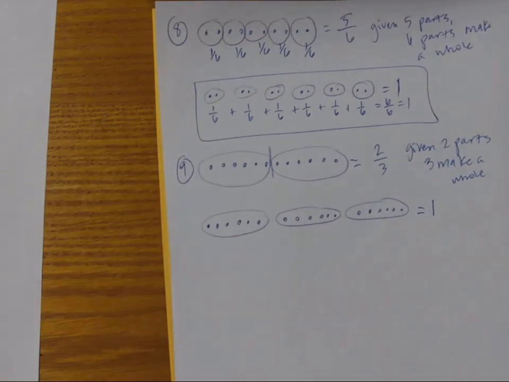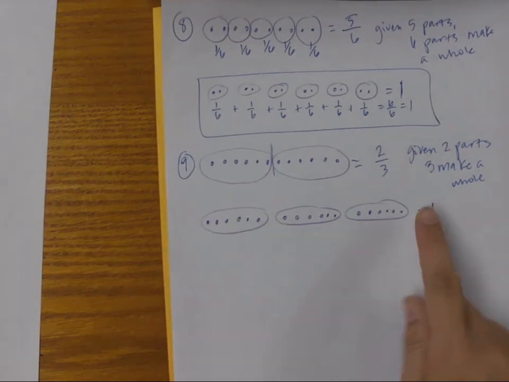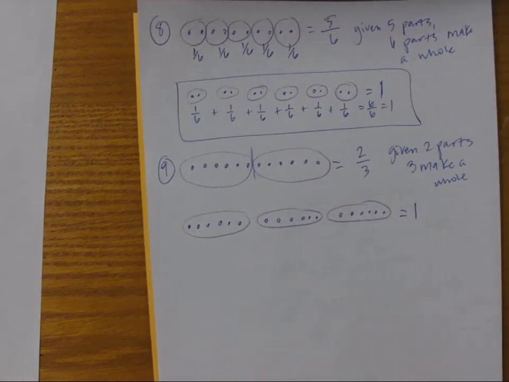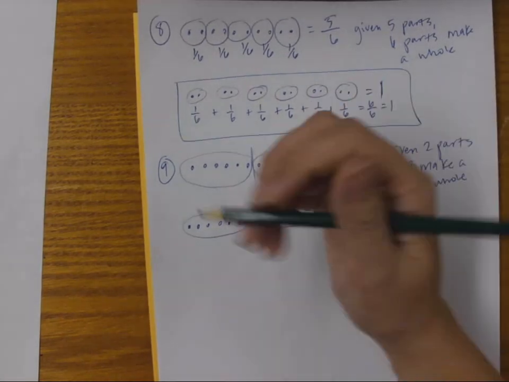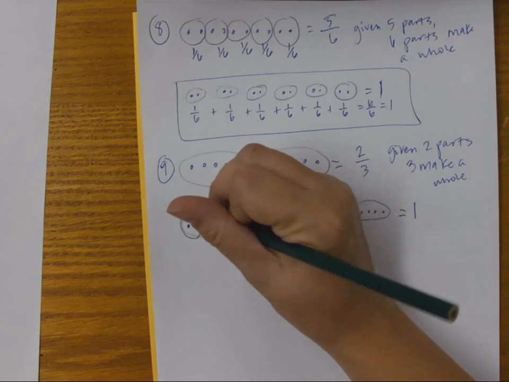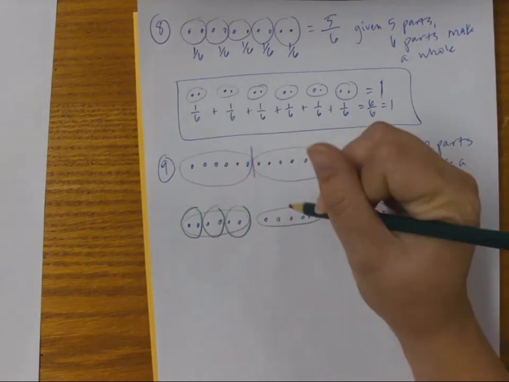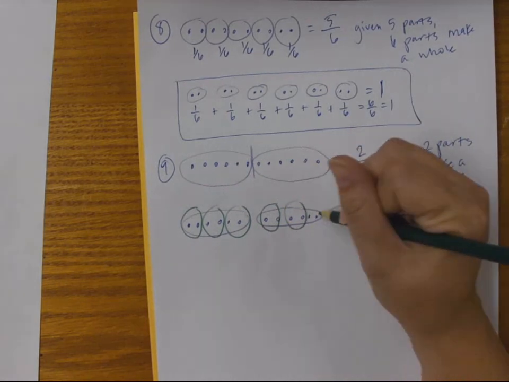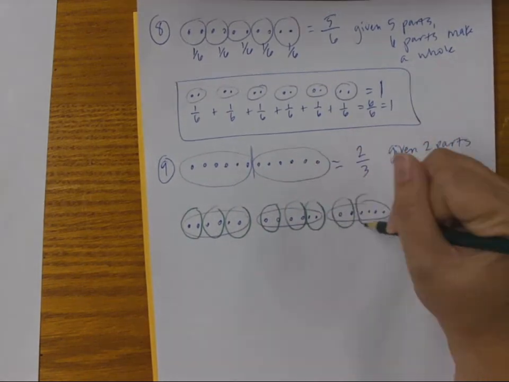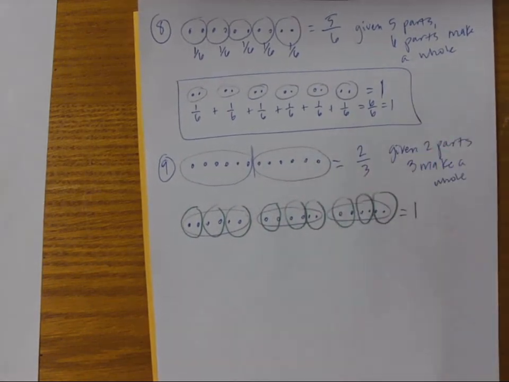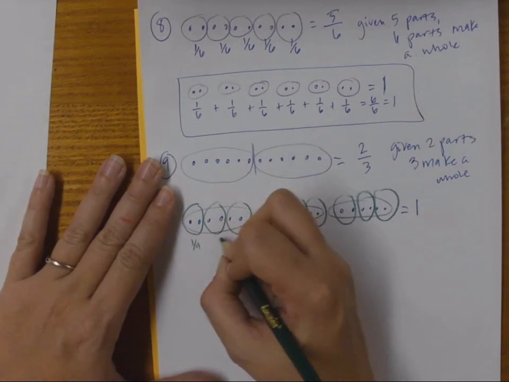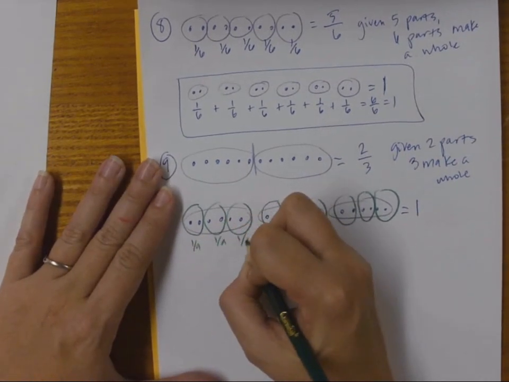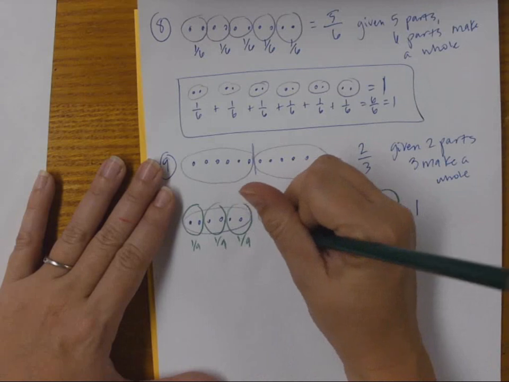And then from there, if I want to find 5/9, I need to split my whole into 9 parts. Let me do that with green. If I'm going to split it into 9 parts, there's going to be 2 in each group. So this is 1/9, 1/9, 1/9, all the way across.